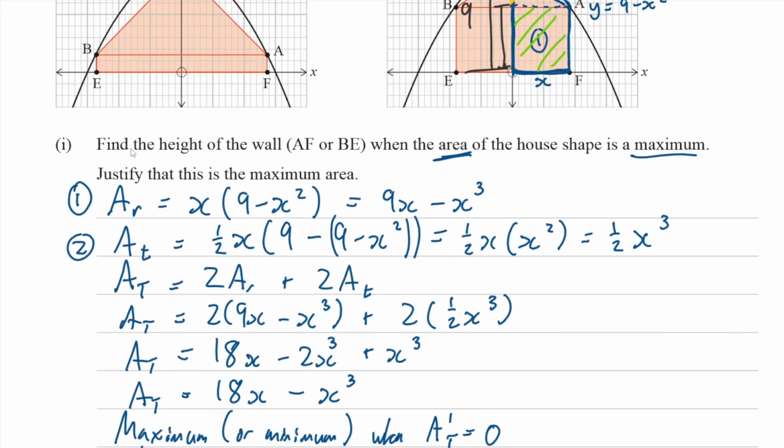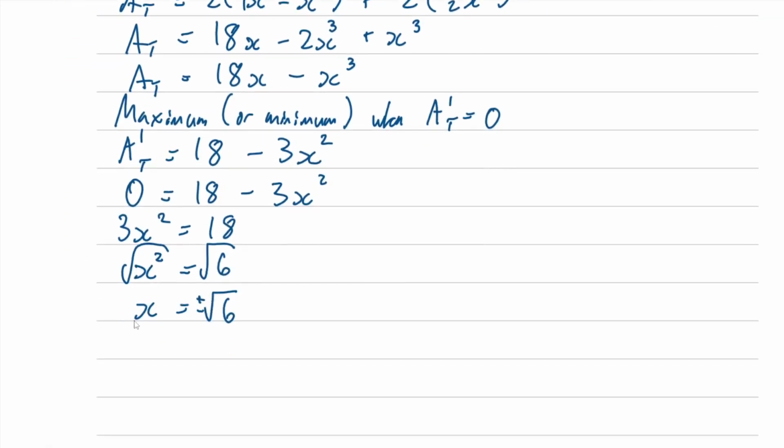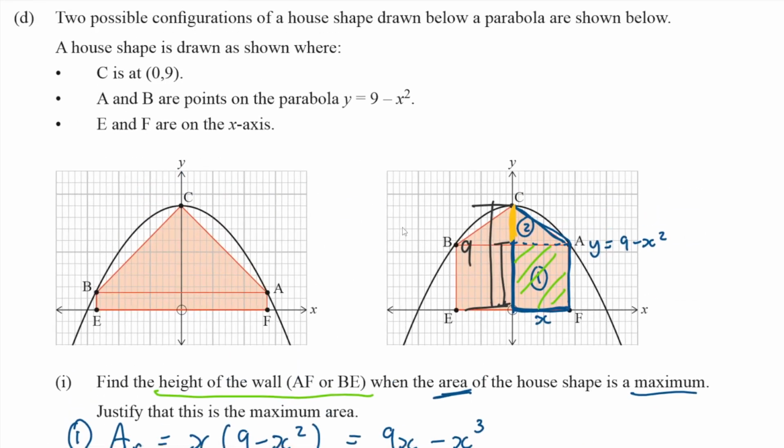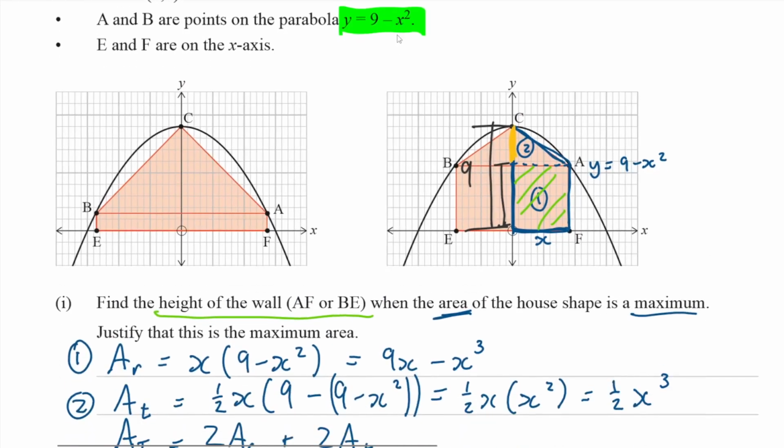Before we get there, the question asked us to find the height of the wall. So far, we've found the x value. To get the height, a reminder that the height of the wall, y, is 9 minus x squared. So substituting in our value for x, we will get the height.